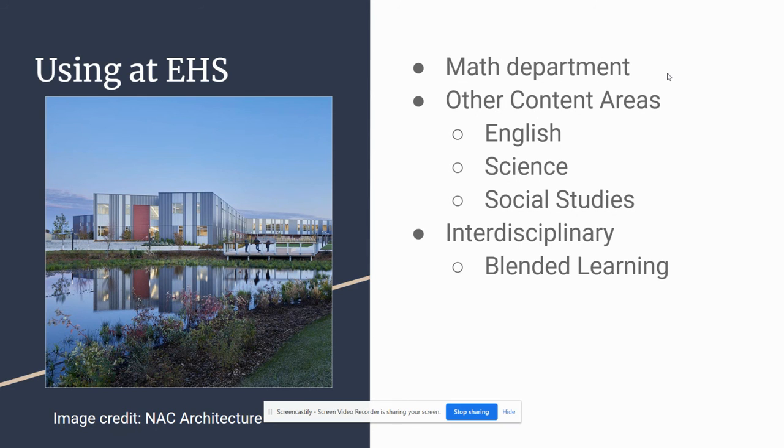It could also be used in other content areas, such as in English content, science, or social studies, especially if you're focusing on skills that are needed in those classes and not necessarily content.